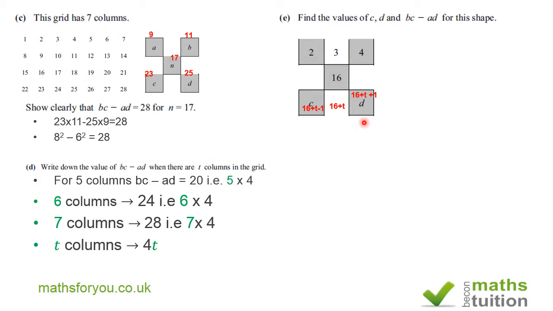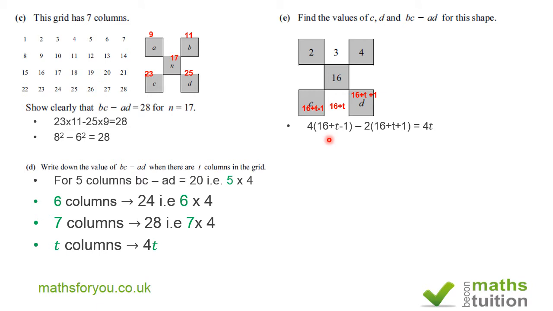So we now have to find CD and BC minus AD for this shape. Now BC is 4 times 16 plus t minus 1, minus 2 times 16 plus t plus 1. And because we've got t columns, the answer should be 4t.